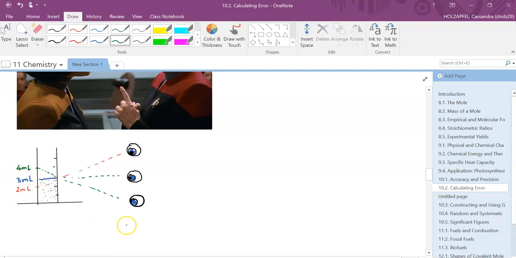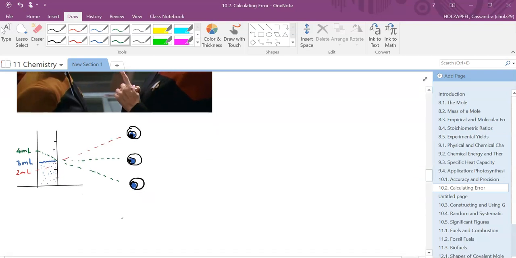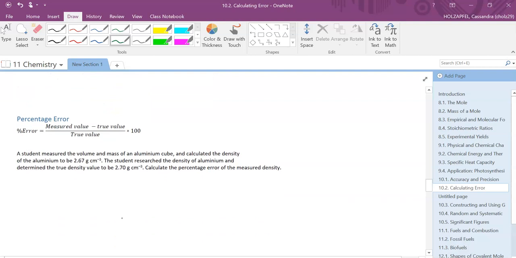And again, this person might find that they have a lot of error associated with their measurements. So parallax error is this perception error, and this is a systematic error, or a random error. And we can actually correct for this one by making sure that we are performing these measurements correctly. So that's all I want to say about parallax error. We don't have to calculate anything for that one, luckily.